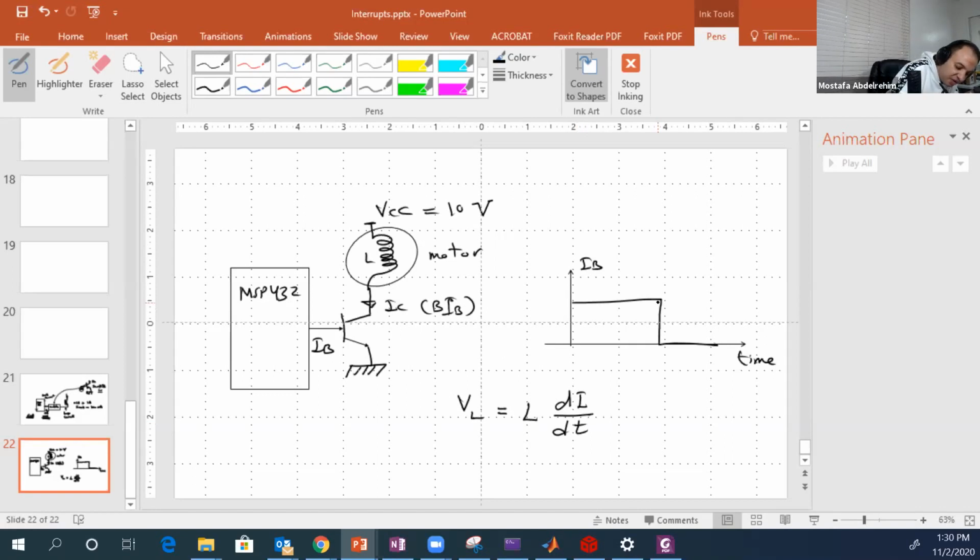Guys, when you have a very large, abrupt change like this, from high to low, this di by dt, theoretically, is equal to infinity. Practically, it will be very, very high, 100 volt, for example. This 100 volt can crash the transistor.